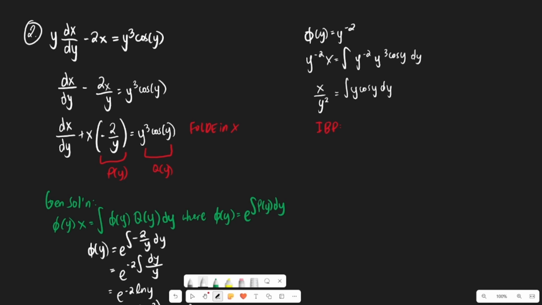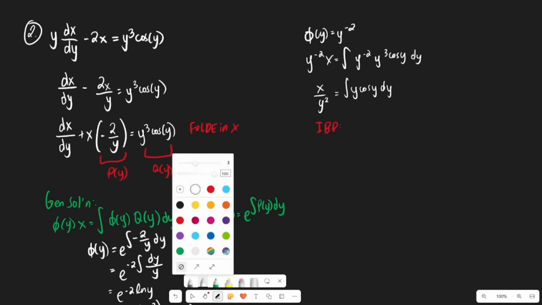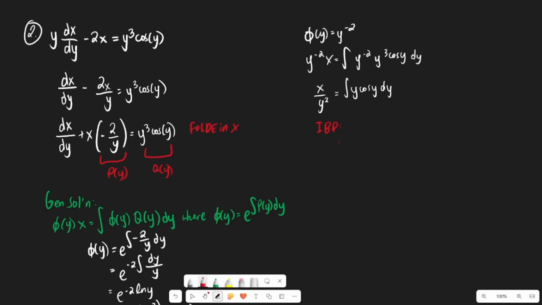So let's choose y as our u, because y is relatively easier to differentiate, and when you integrate y, it becomes larger, which is not what we want. We want it to be easier to solve.